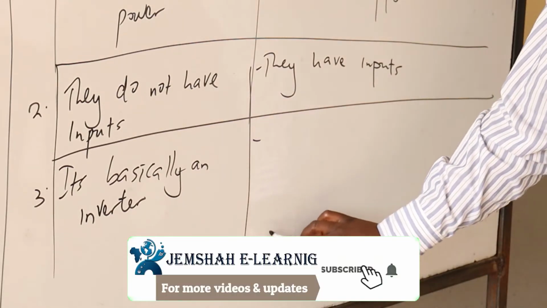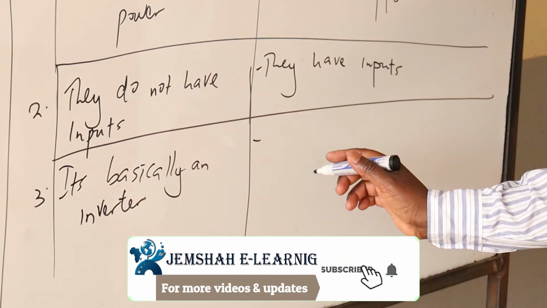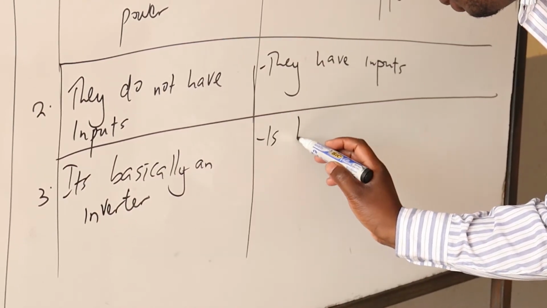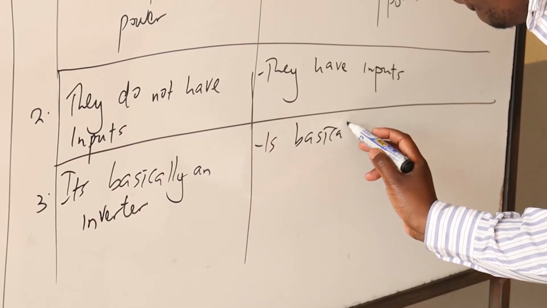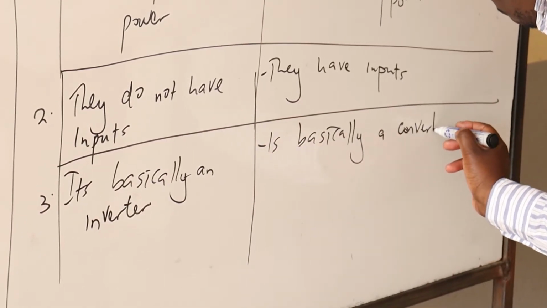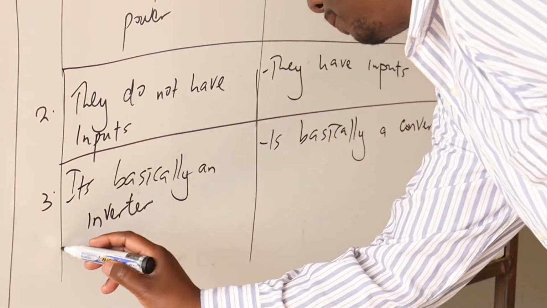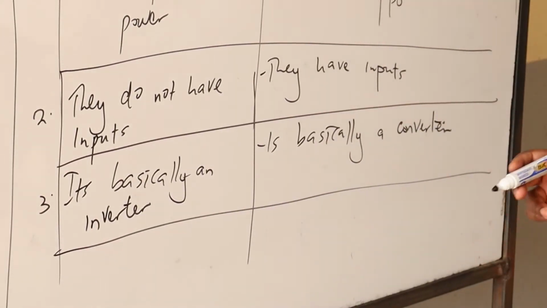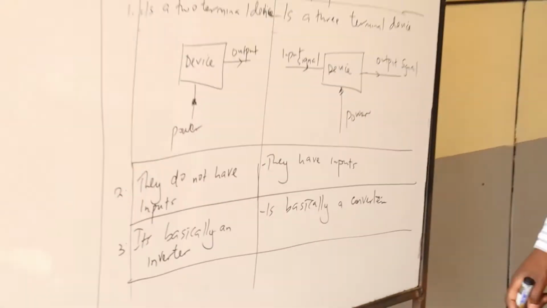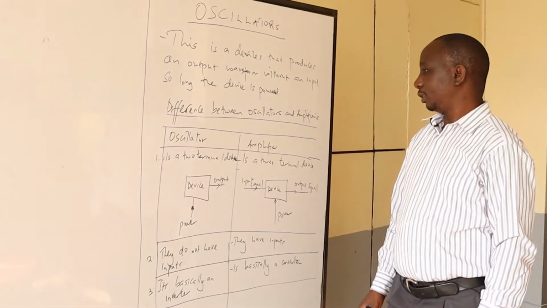Converter means it's changing energy from one form to another. So these are the differences between oscillators and amplifiers.